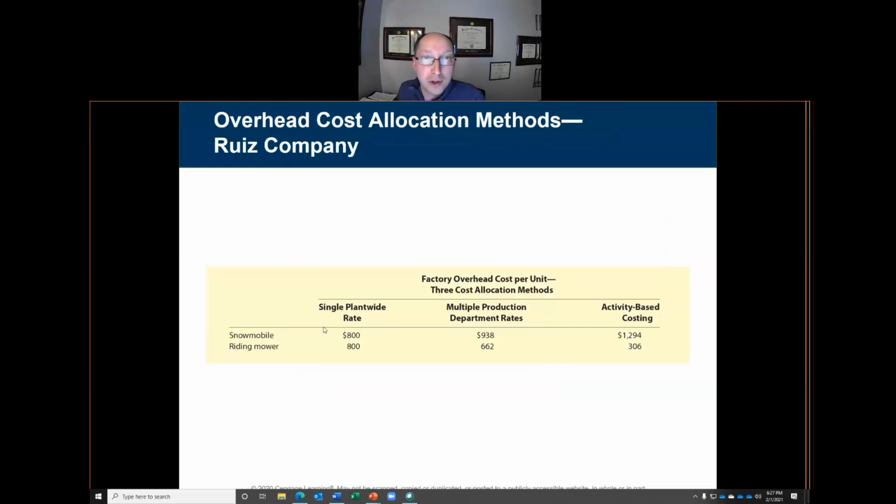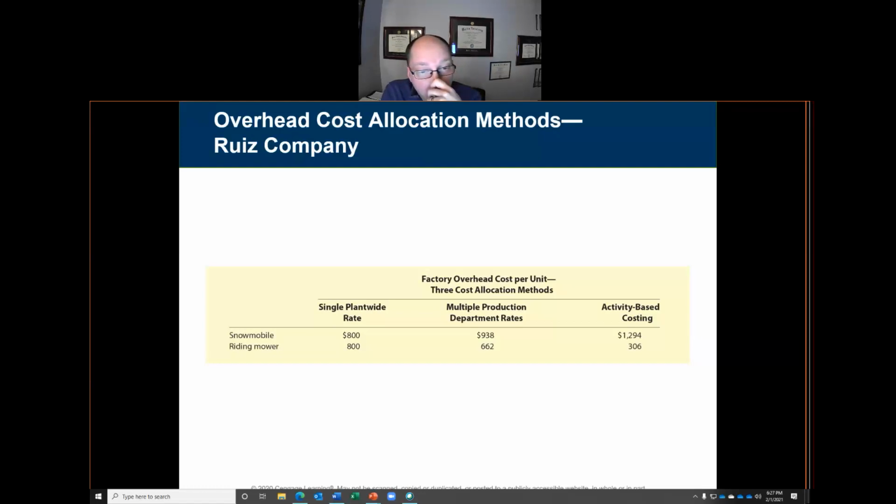And so just like this class, as you know, is managerial accounting. In managerial accounting, we generate reports to help us better understand our costs. This report compares the three methods: factory overhead cost per unit using the three allocation methods.